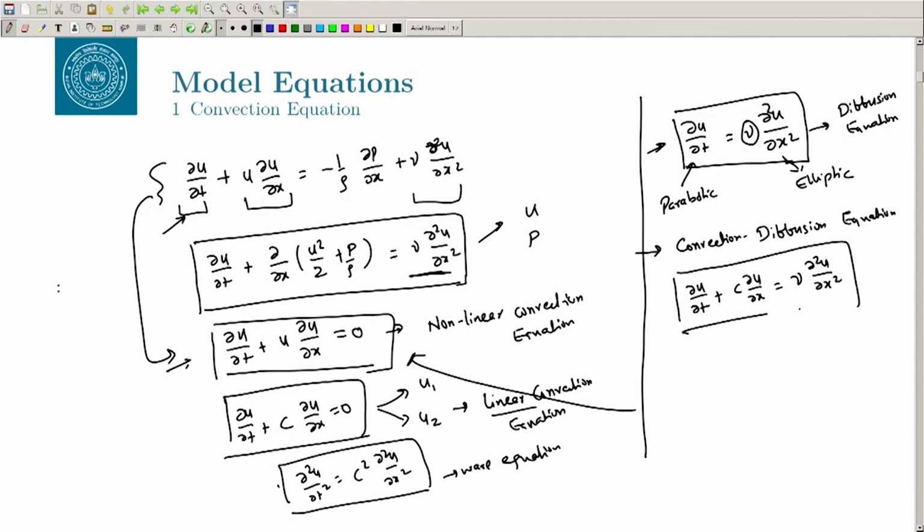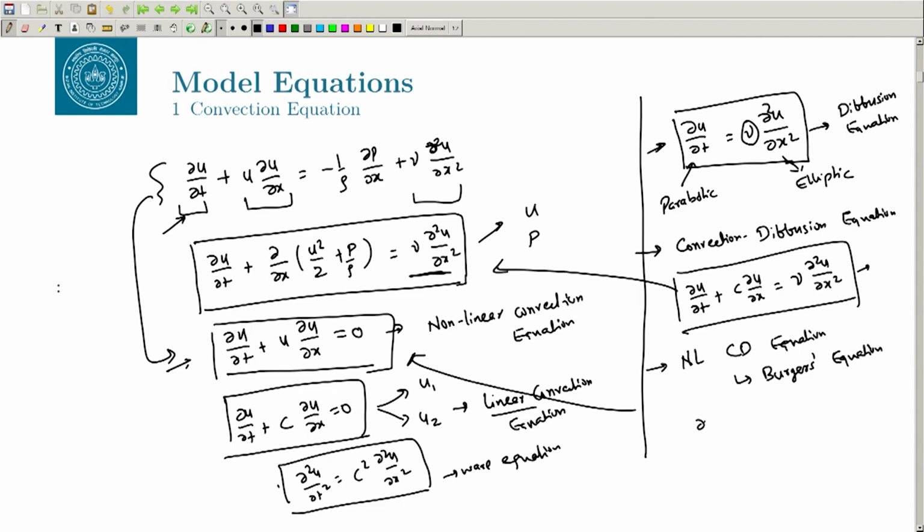You can see that slowly you are going towards the Navier-Stokes equations that you want to solve. So, this is the linear convection diffusion equation, and then we will go to the non-linear convection diffusion equation, which is also called the Burgers' equation.